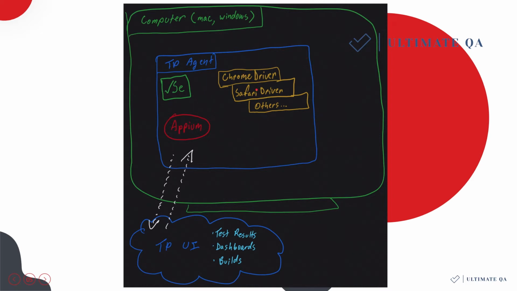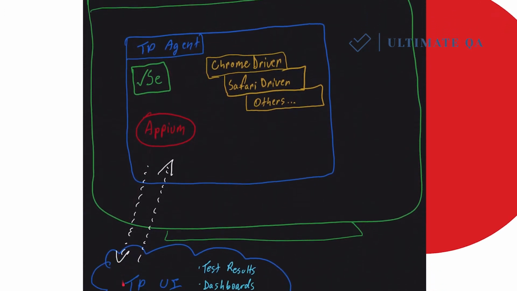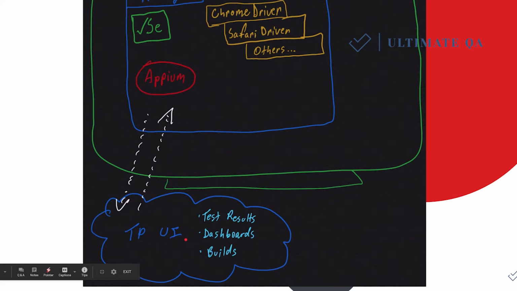And so you can see here that we download the TestProject agent onto our computer, and then using the TestProject agent, we write code that talks to the agent, and the agent talks to the TestProject user interface.